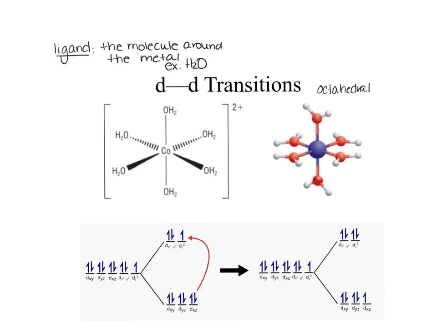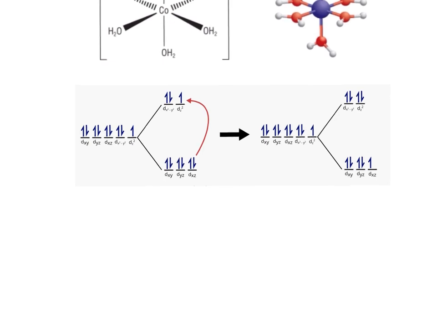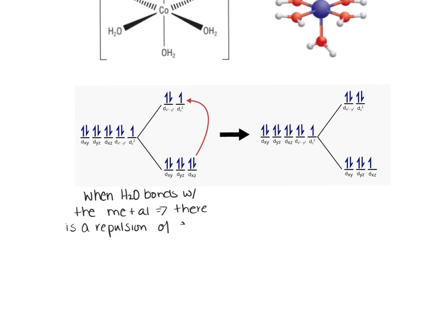So when water bonds with the metal, there is a repulsion of electrons, and the d orbitals split, right?